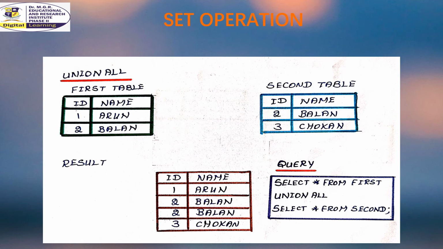In our example, one duplicate record exists: in the first table we have the record 2 Balan, and on the other hand in the second table we also have the same record, 2 Balan. So the result table has four records, so it does not eliminate any record.